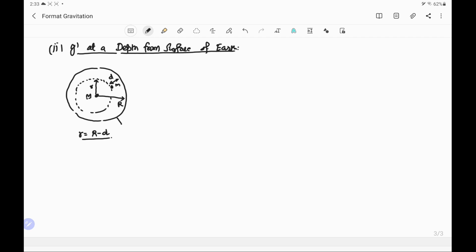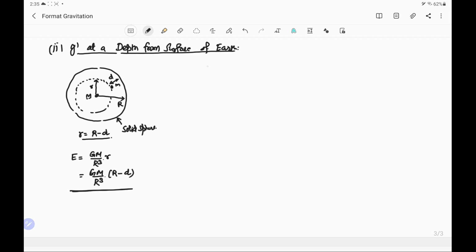For such a case, earth can be treated as a solid sphere, and for a solid sphere, the gravitational field at a distance r from the center will be E equal to G M by R cube into r, or we can write it as G M by R cube into (R minus d). This formula we will derive in the topic gravitational field. Here we are using it.